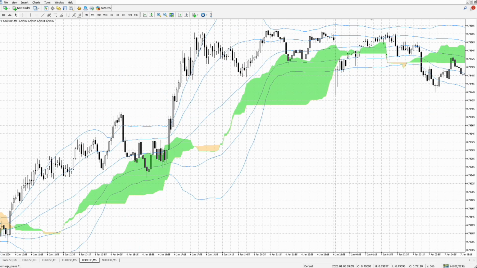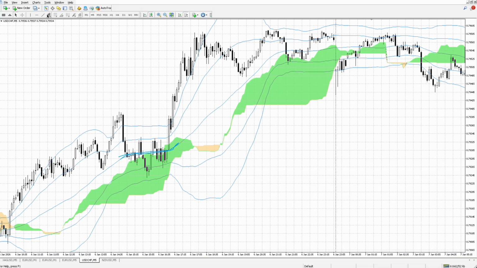And again, when we go back to this moment over here, let's say that you waited for a long opportunity, you went long after the cross with 50, which I sometimes do, but when I go with 50, I always go with the second band as my stop loss or hedge level. I do not go with the first one because the first one is too close to my entry point.